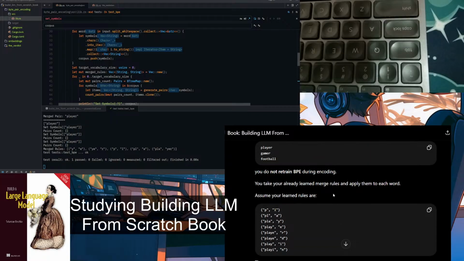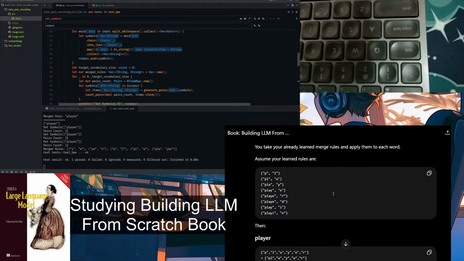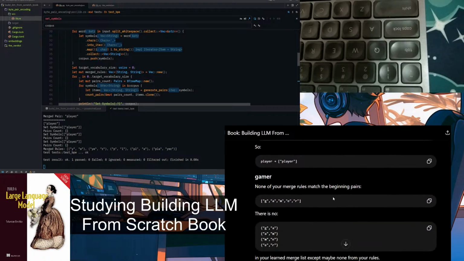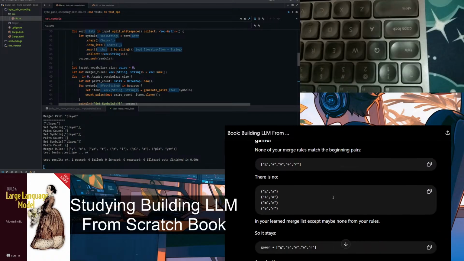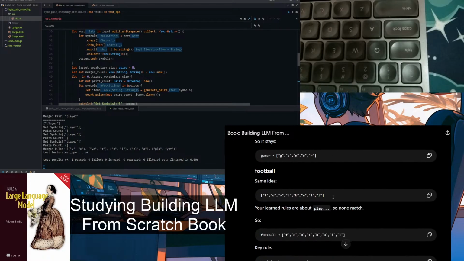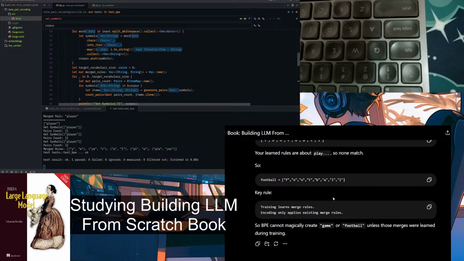You apply the already learned merge rules to each one.